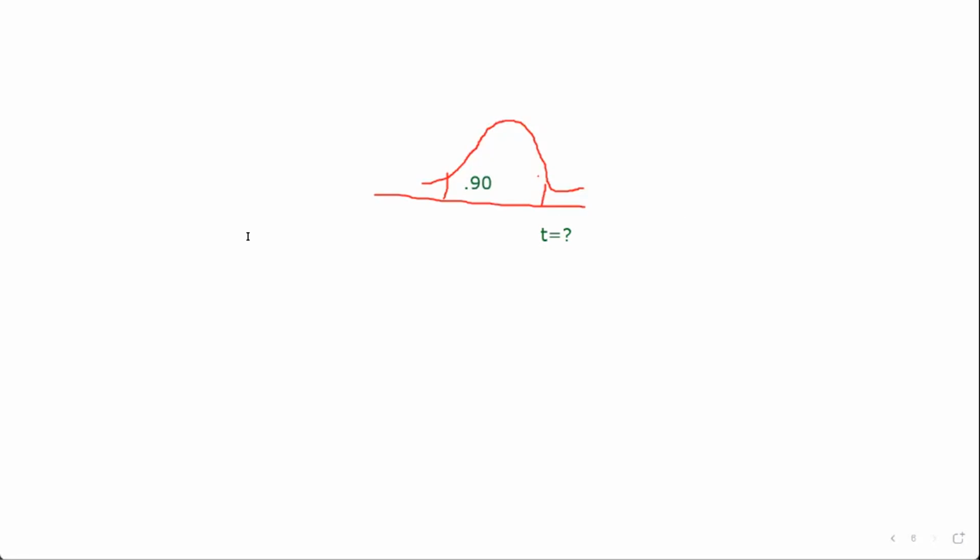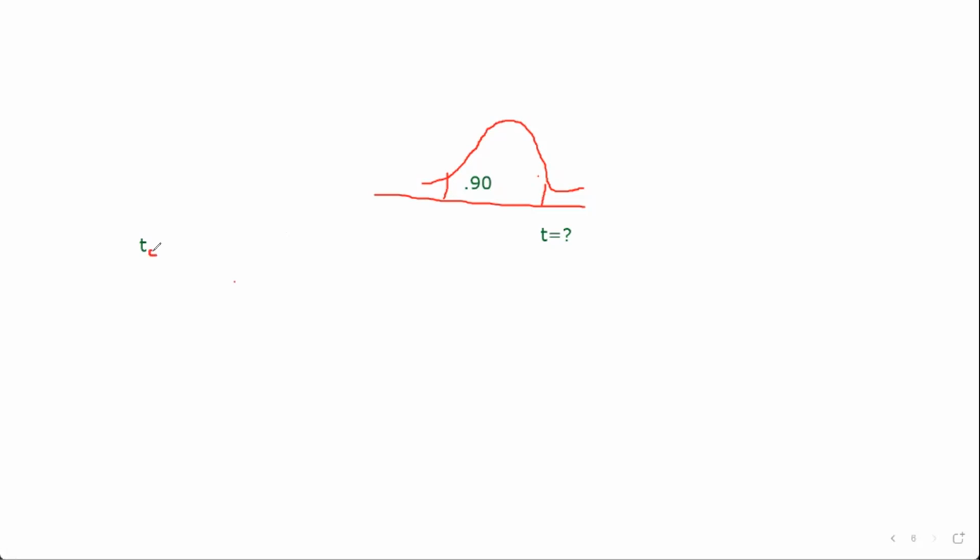Turns out I have an inverse just like I do on the Z. And since I'm looking for this T-score, I'm going to say T of alpha over 2, because remember, that's the notation that's associated with your confidence interval.